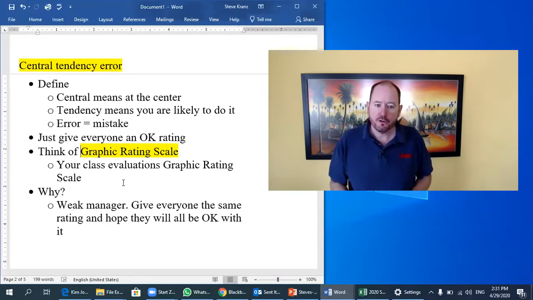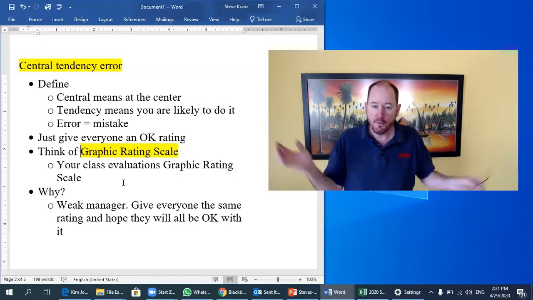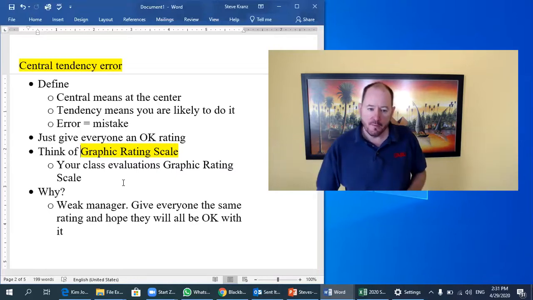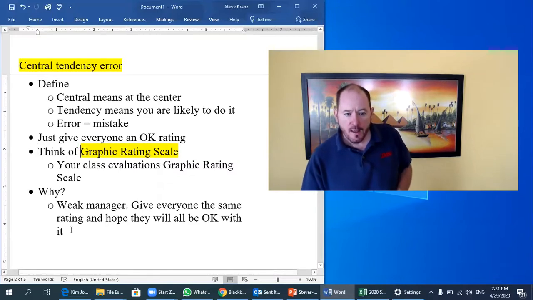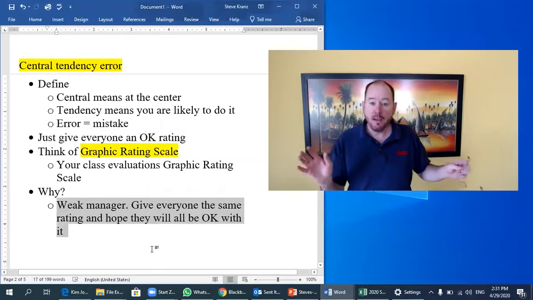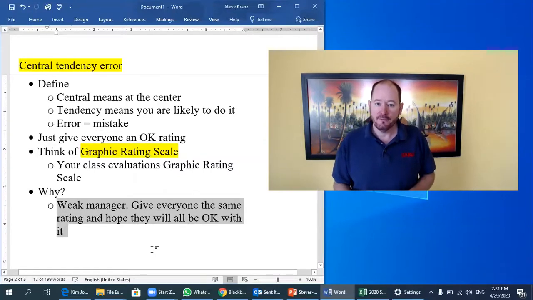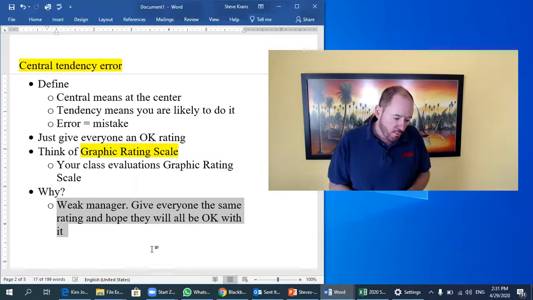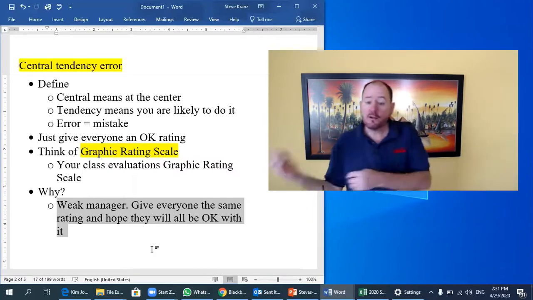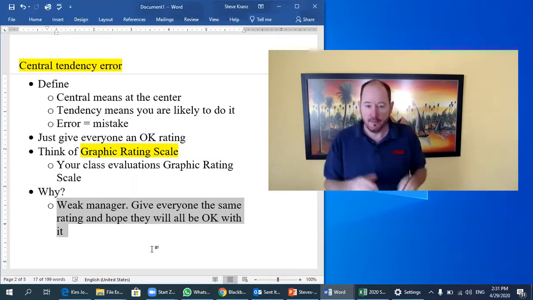Why might a manager give everybody 3s? Why might they do that? Well, the answer is they believe by giving everyone the same rating, maybe everyone will be okay with that. Because nobody gets a bad rating, nobody gets a good rating, just everybody gets okay.